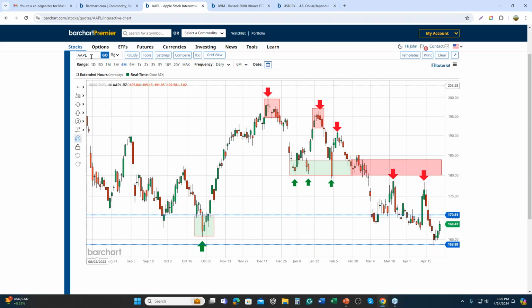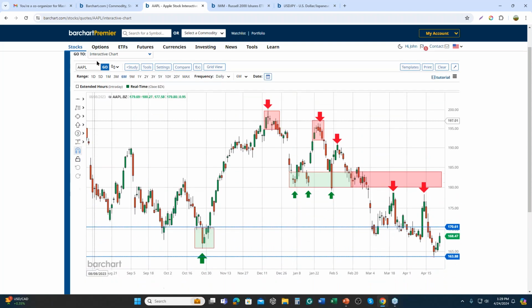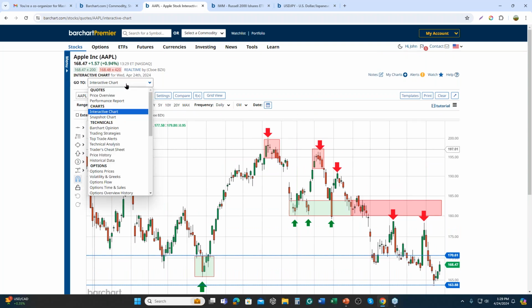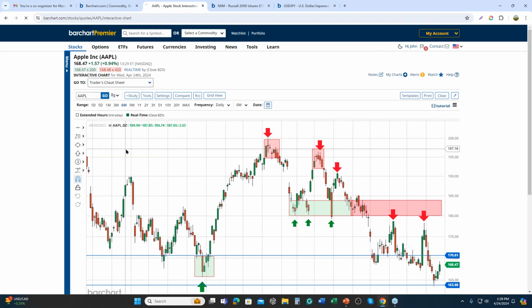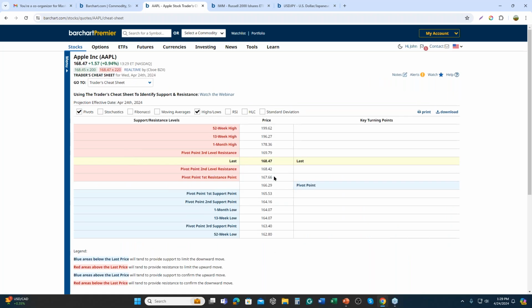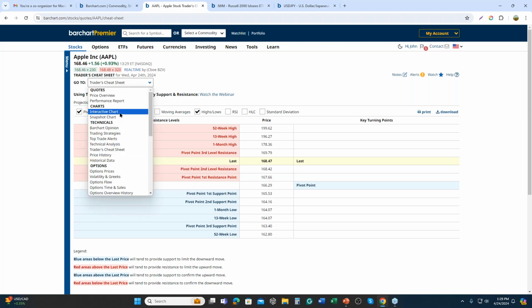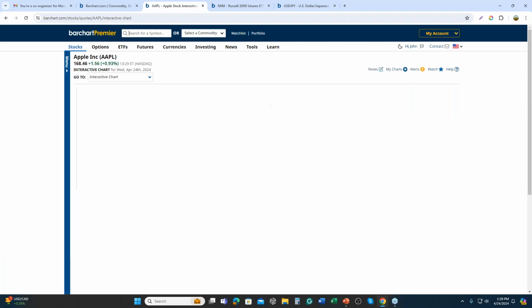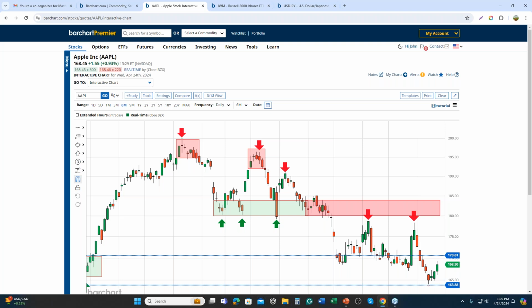So let's change our contract to Apple. And again, I can go into my menu and look for my trader's cheat sheet, and there's where we can find those pivots. Now, what's really nice about what Barchart does for you, on any of your interactive charts, you will find something called templates.